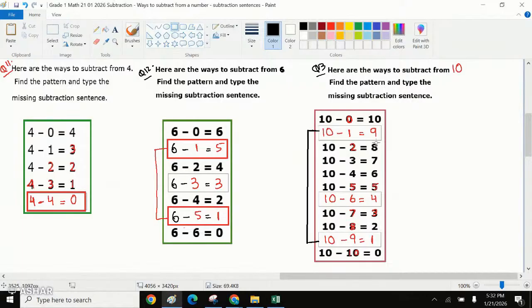These two statements are providing us with the proof that if we subtract 1 from 10, we are left with 9, or if we try to subtract 9 from 10, we would be left with a 1, right? These two statements. So we have three missing statements for which we found the answers, right? Okay, moving ahead.